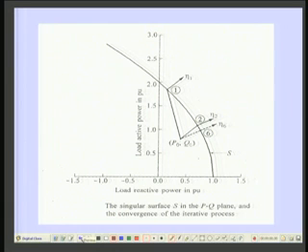Now, for this simple radial system, we plot in the PQ plane: this is the load in per unit, that is the active power P, on this side, and the reactive power Q on this axis.